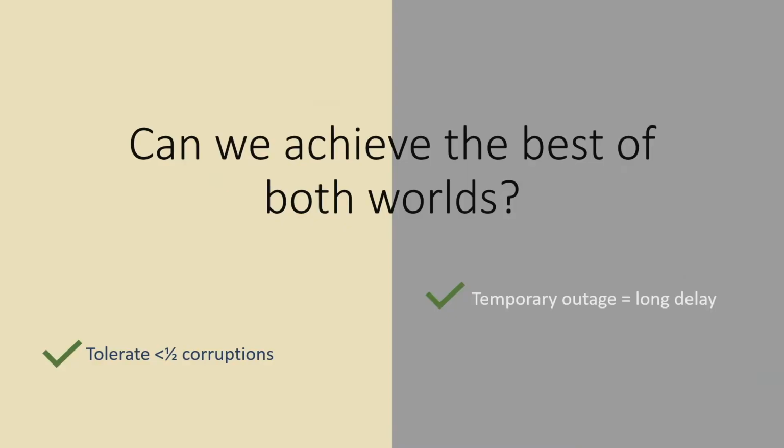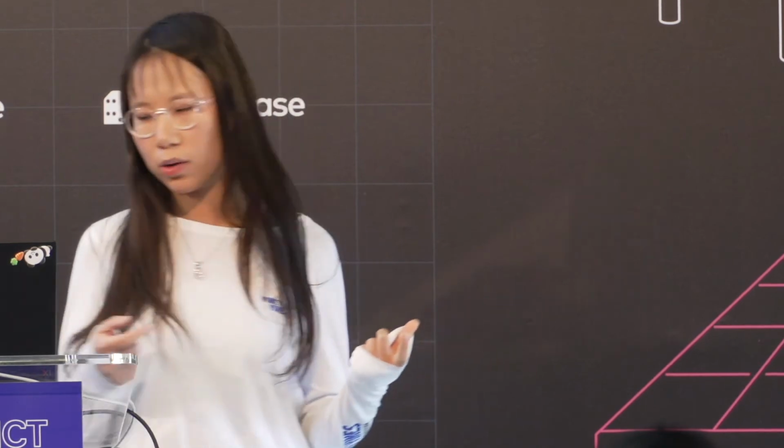But the interesting point here is, who says that the network must be either fully synchronous or not synchronous at all? Who says that the synchronous status of a network must be a binary choice? Can we quantify the status of the network more accurately to find out if there is any trade-off between these two models?